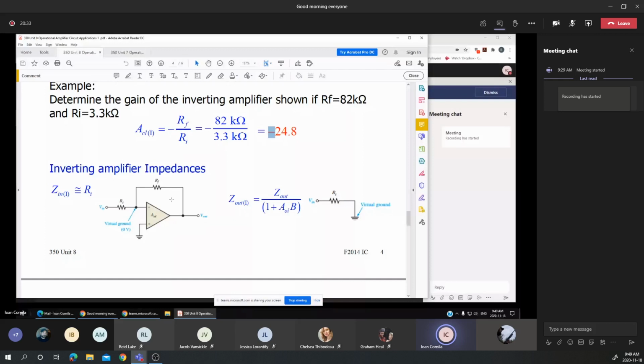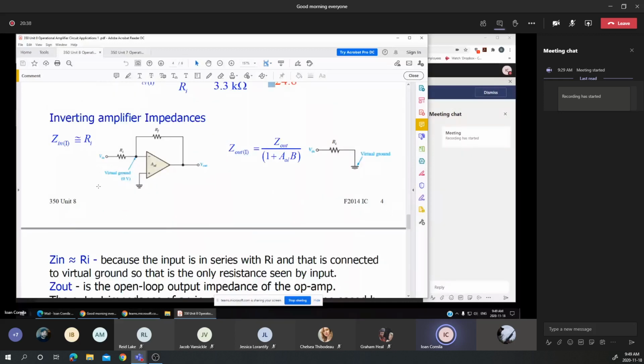If I go back and define the virtual ground, or 0 volts, it means that the inverting input of the op amp is actually a virtual ground.